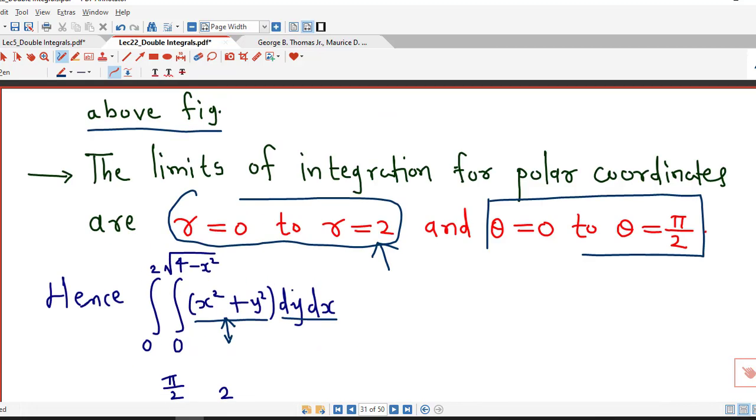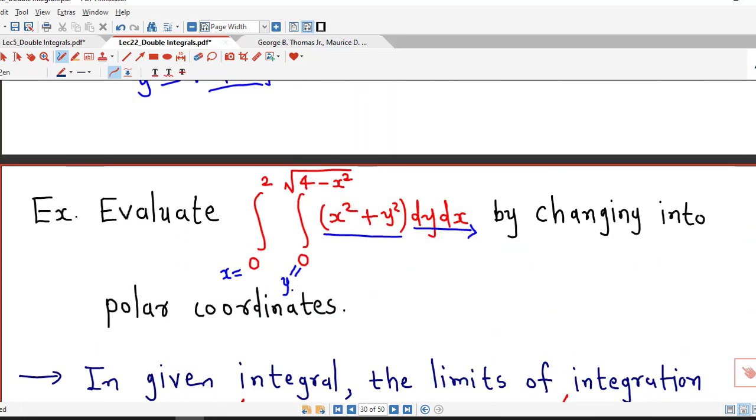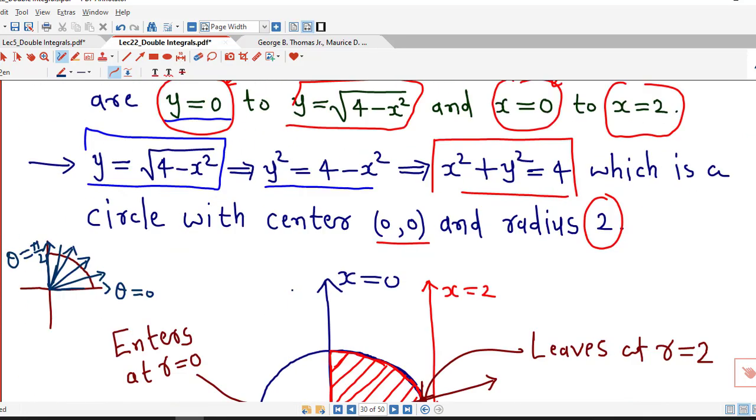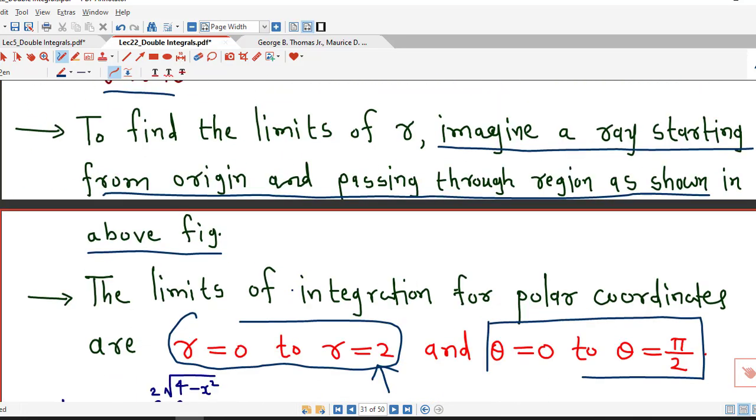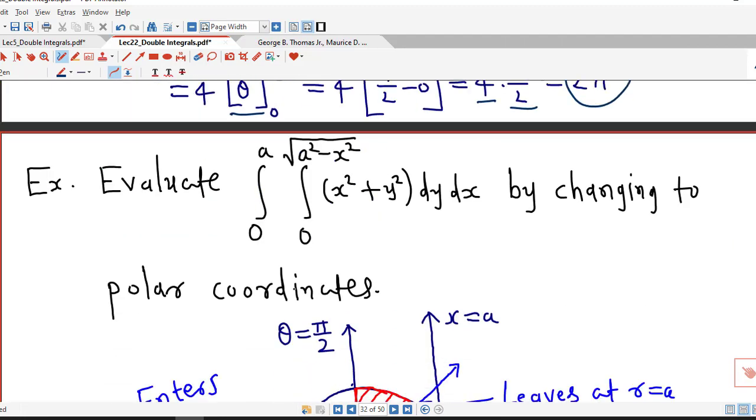So in this way we can transform given double integral into polar integral, and then we can evaluate the resulting polar integral easily. We can generalize this problem to this more general problem. Our function is same, x square plus y square dy dx. Instead of square root of 4 minus x square, here we have square root of a square minus x square.